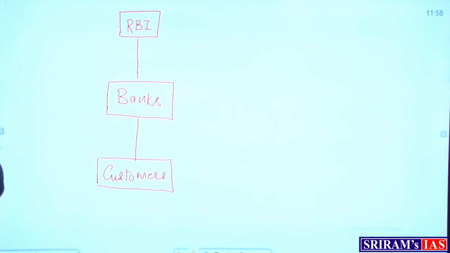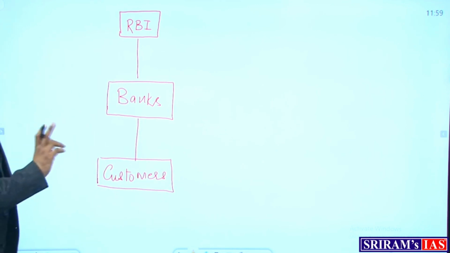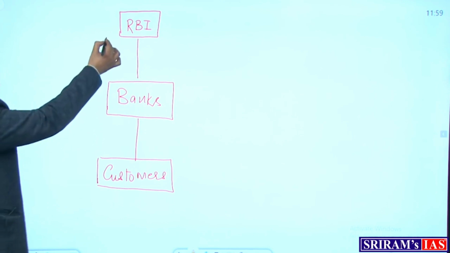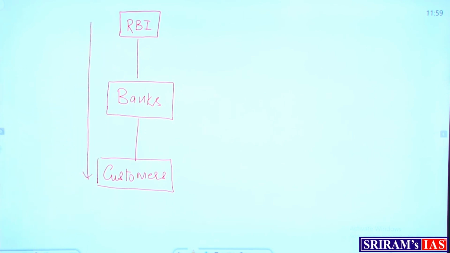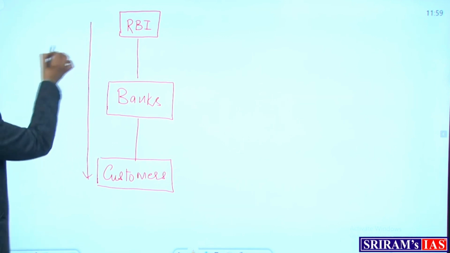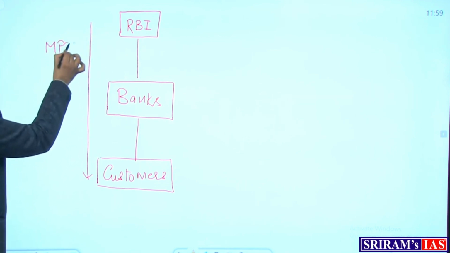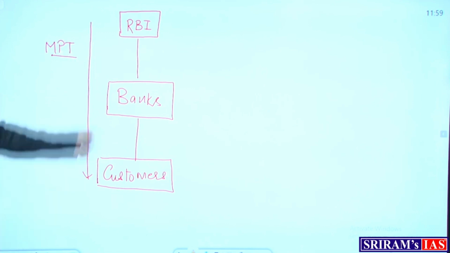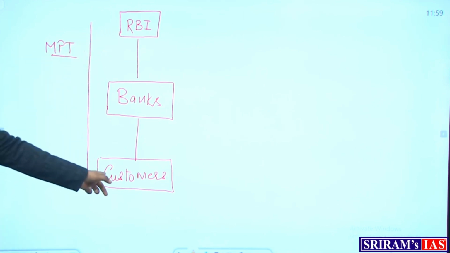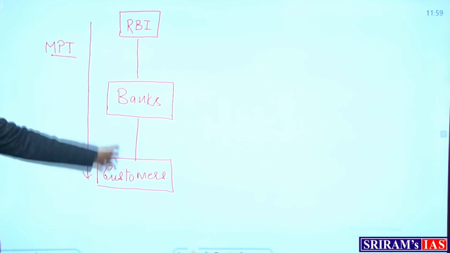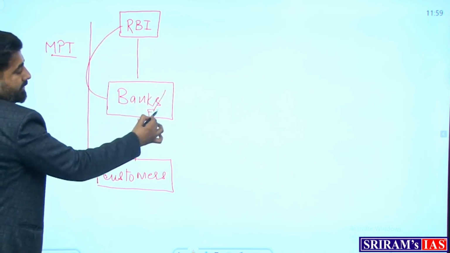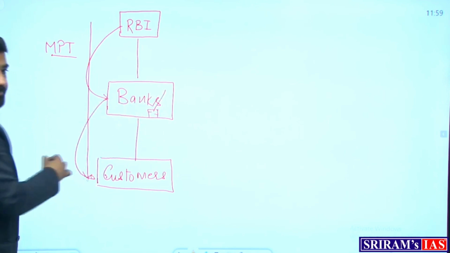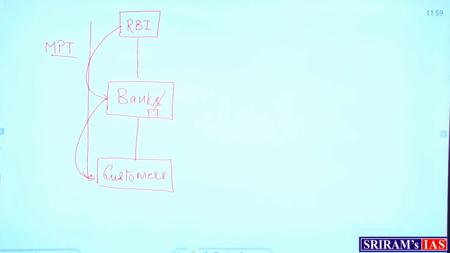Now, monetary policy transmission refers to the process through which the actions of the RBI are implemented at the ground level via banks or financial institutions. Clear? Via banks or financial institutions.